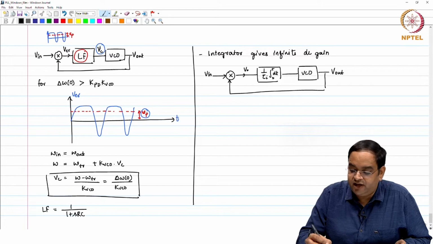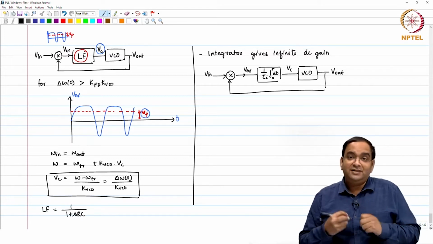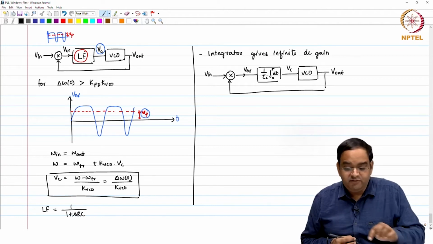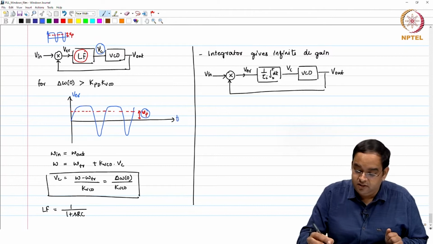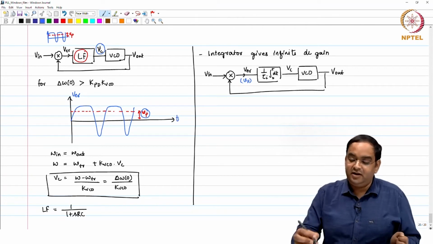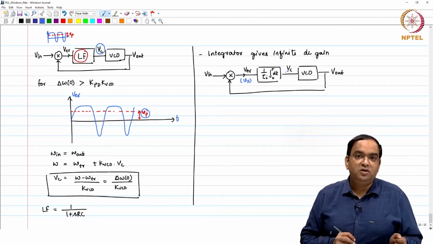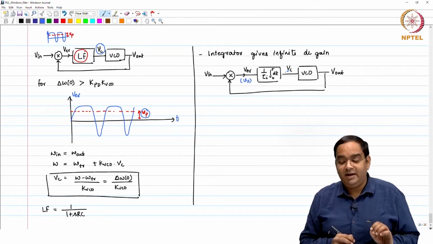This is now your error voltage, this is the control. So, the assumption is that when we do this, we will have this pull in voltage Vp here, and that Vp will actually get amplified, or integrated, to give you a large control voltage. Okay. That is what should happen.